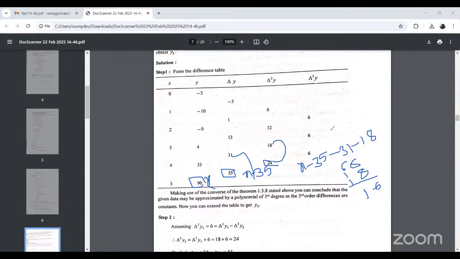So x minus 94, sorry, x minus 94. Again, 6 is there, no? So 80, 84, sorry, again that becomes 90. So x equals 90.